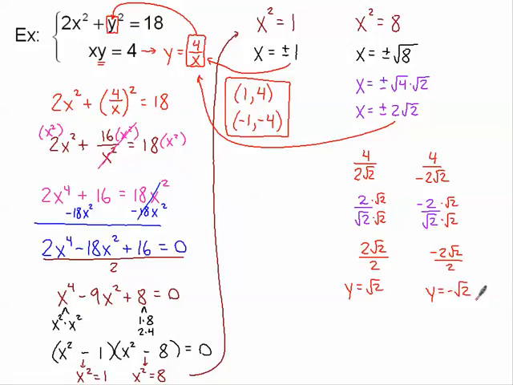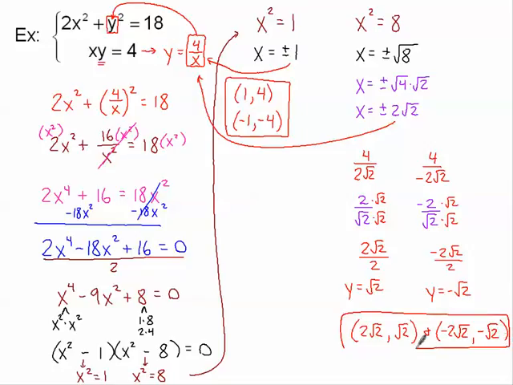So my other two answers, when I plug in positive 2 square root of 2, I get positive square root of 2 as an output. When I plug in negative 2 square root of 2, I get negative square root of 2 as my other answer. So we've got two answers up here, and we've got two answers down here. 4 total answers for this problem.